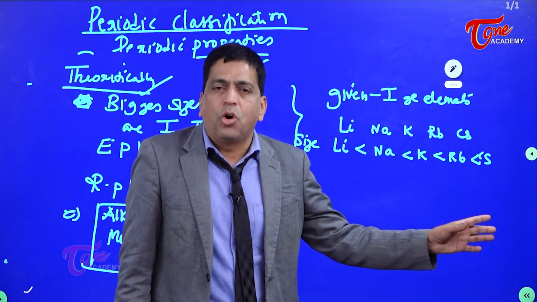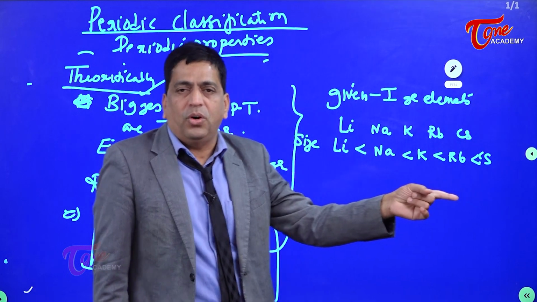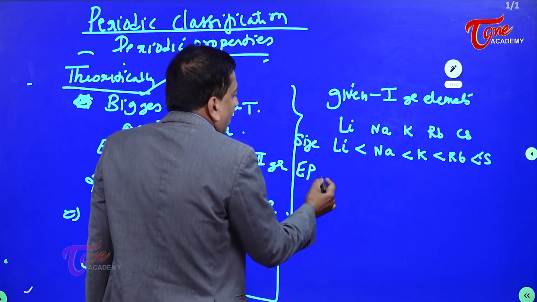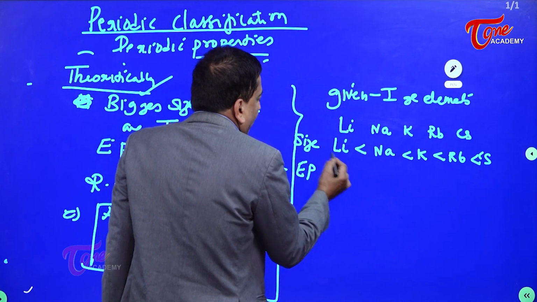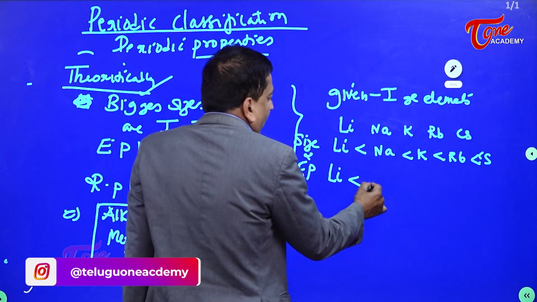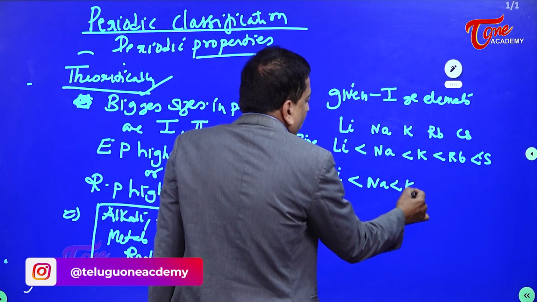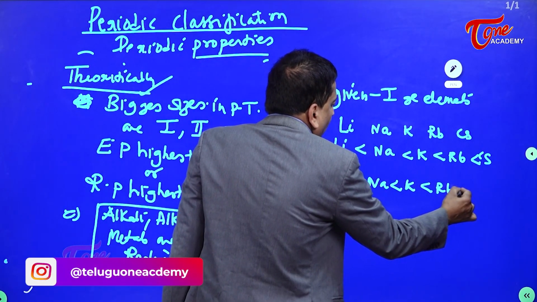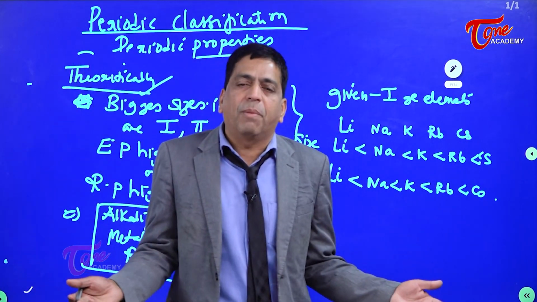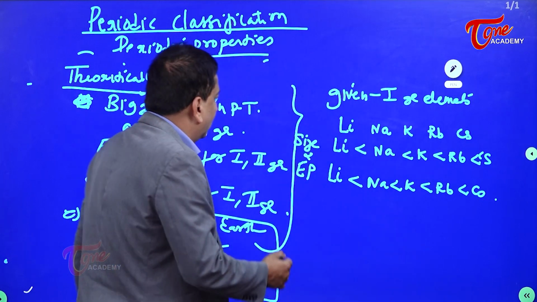If the size is more, then electropositivity is more. So if you find electropositivity, then lithium is less electropositive, because both are directly proportional: less than sodium, less than potassium, less than rubidium, less than cesium. And electropositivity is proportional to reducing power.